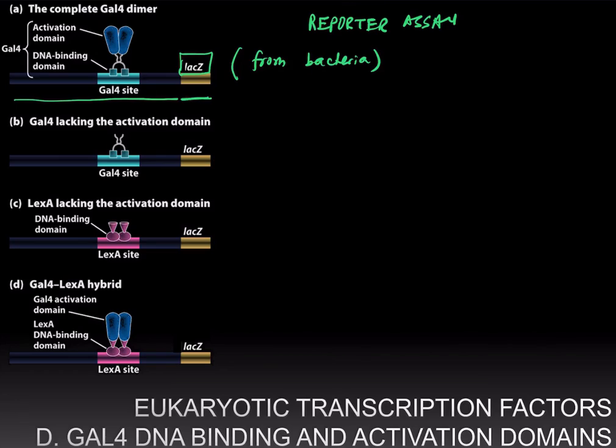And LAC-Z encodes beta-galactosidase, and therefore this is a completely synthetic gene, since part of the DNA sequence of this gene is from yeast, and the other part of the DNA sequence, LAC-Z, is from bacteria.